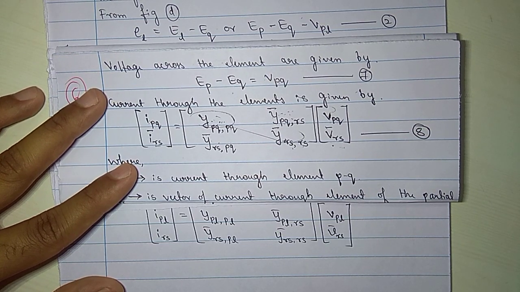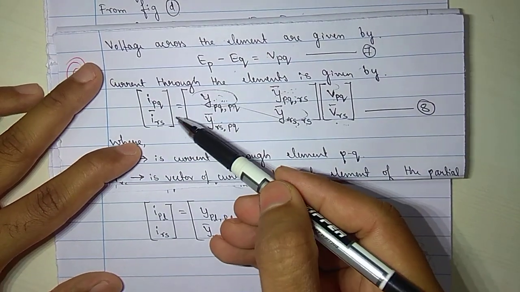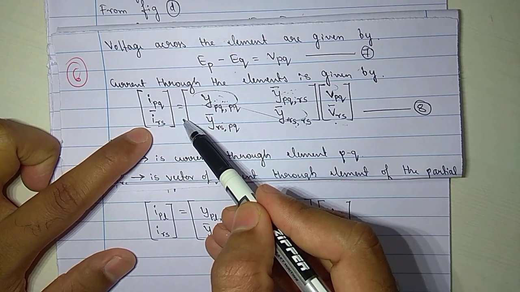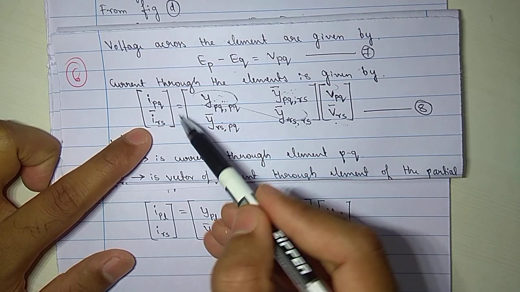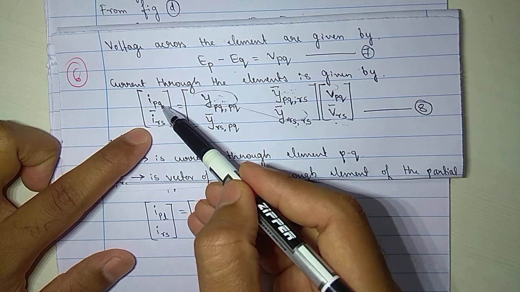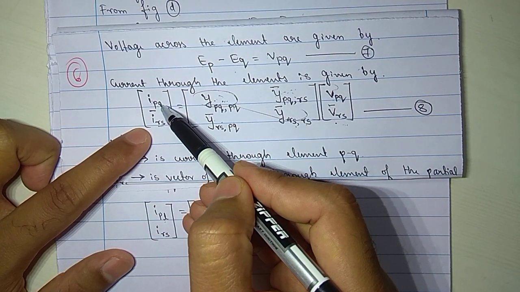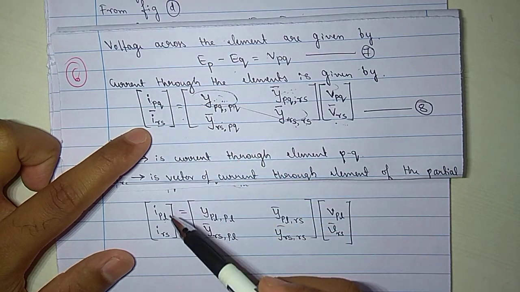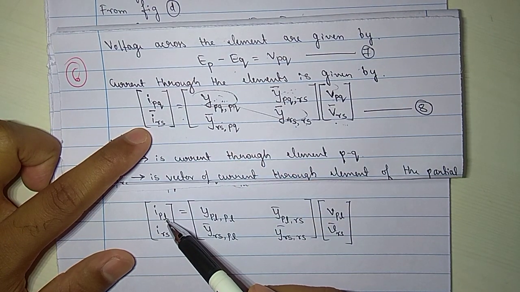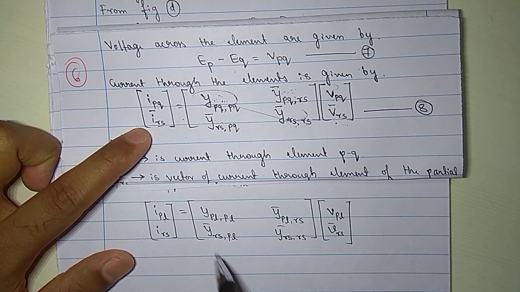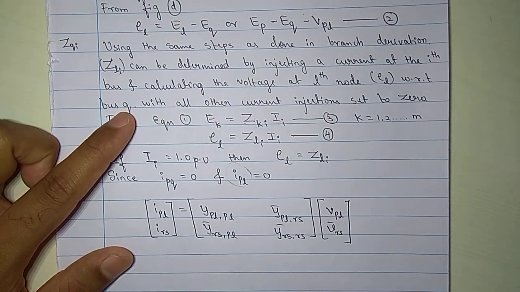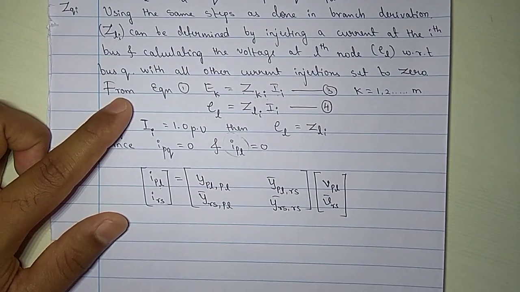Any doubts? Look here, this is the matrix which I have taken from the addition of a branch. Wherever you are having PQ, just replace it by PL. Here PQ was a branch in the previous derivation. Now it is PL is a link in this derivation. So other elements remain as they are. Okay.